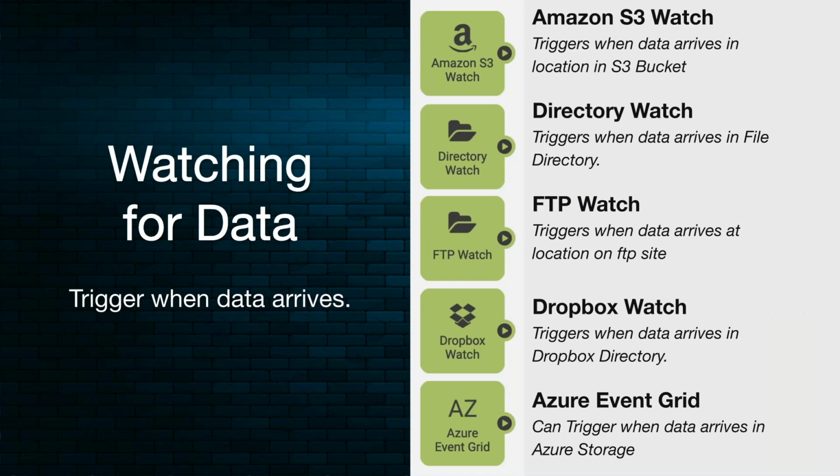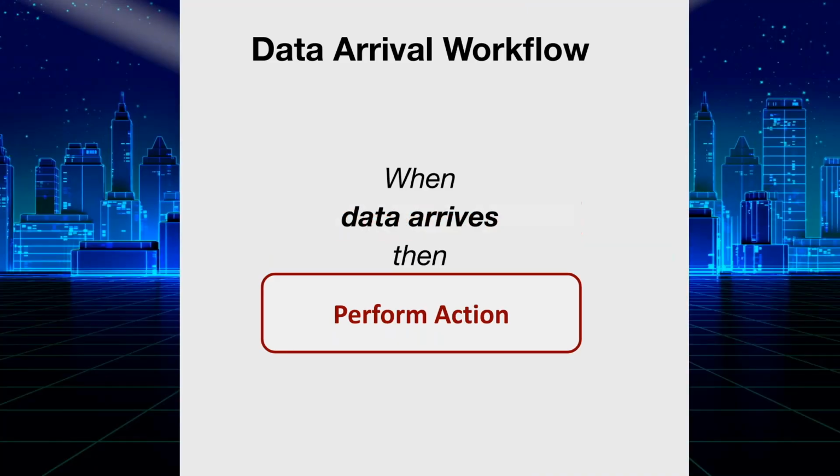You can watch inside the directories on FME Server, you can watch FTP sites, Dropbox, Amazon S3, and then new for 2019, we've got Azure Event Grid. So when data gets uploaded into Azure, you can get it to notify FME Server straight away, which is what we're going to do for this next example.